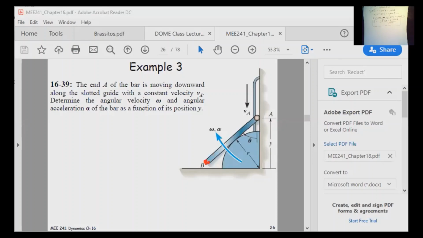Velocity of point A is 0. It's not moving. No, point A has a velocity. No, we have VA. We just use VB equal VA plus omega cross RAB. Exactly. So you have the velocity of, they have point A, right? And then you're trying to find the velocity of B. So here we find omega, right? And then you know omega is going to look like that, right?